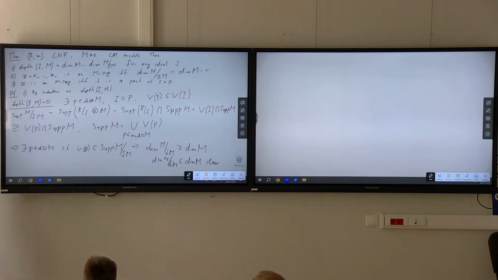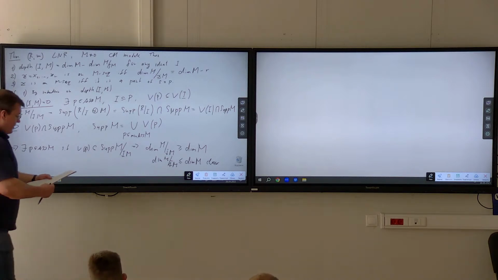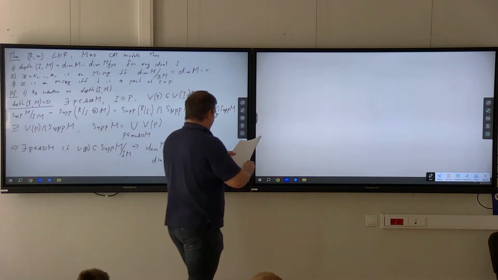That's what this regular sequence is. If you have a regular element, that's a hypersurface. If you have a regular sequence of length 2, you restrict to a hypersurface, and then again restrict to a hypersurface. When we count one way, using the standard full dimension, and the other way, step by step by restricting to hypersurfaces, they coincide. This is the Cohen-Macaulay situation. Okay, but I really want to finish this proof.